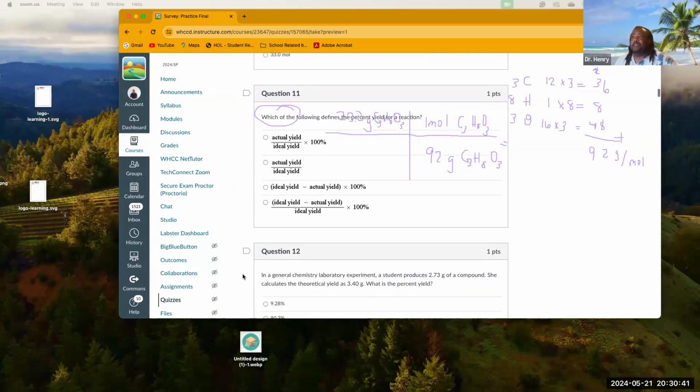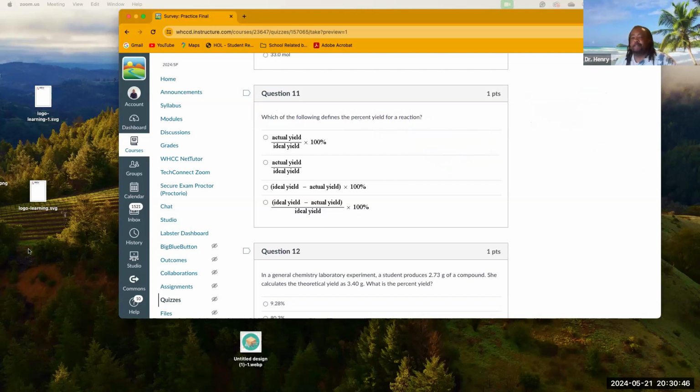Number 11. Which of the following defines percent yield for a reaction?